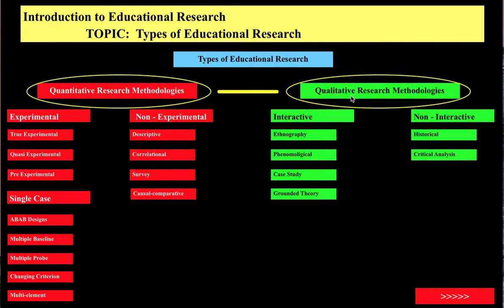Just let me say this. Quantitative research methodologies generally are scientific studies that collect data and report their data in terms of numbers, whether it's just descriptive statistics like mean, median, and mode, and the range and standard deviation, or whether it's inferential statistics where inferences are drawn and there are hypotheses and hypothesis testing.